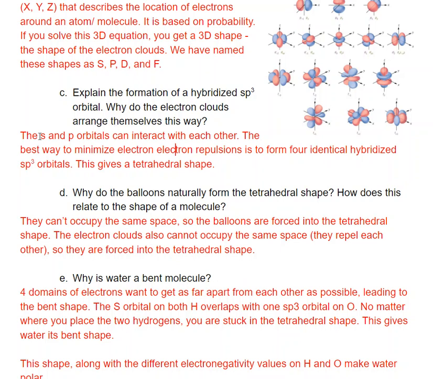So the s and p orbitals are able to interact with each other. And the best way to minimize the electron-to-electron repulsions would be to form 4 identical hybridized sp3 orbitals.